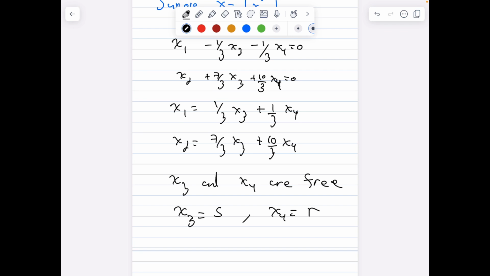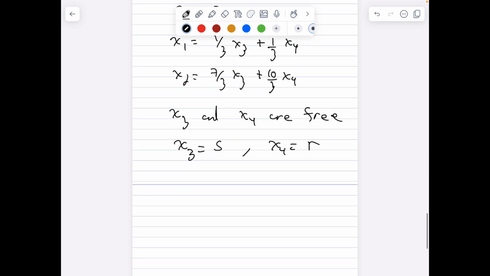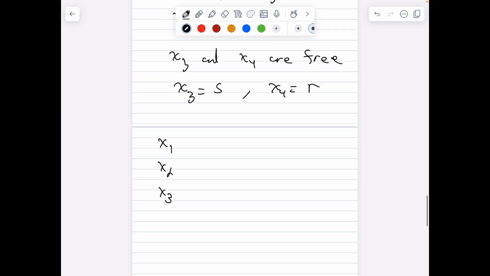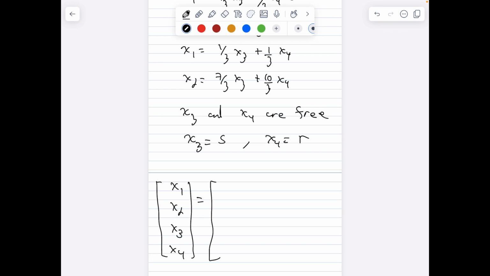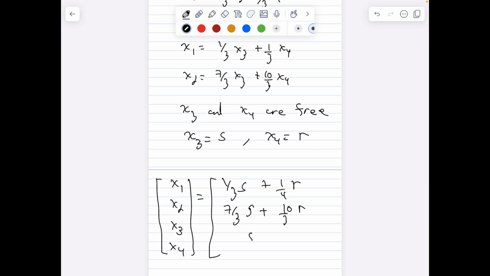And essentially here, our solution x, or x1, x2, x3, x4, is equal to: x1 is 1/3 s plus 1/3 r, x2 is 7/3 s plus 10/3 r, and then x3 is s, and x4 is r.